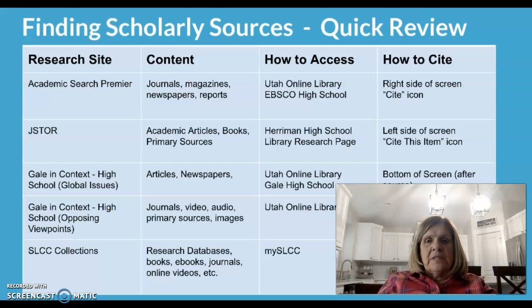As you're finding articles, this is a quick review site to help you locate the citation of different types of sources. If you just look at that last column, it will show you where to look within the source to find the MLA citation.